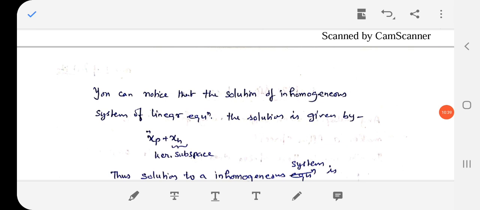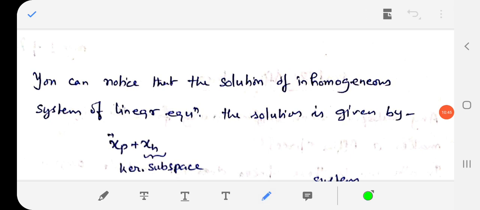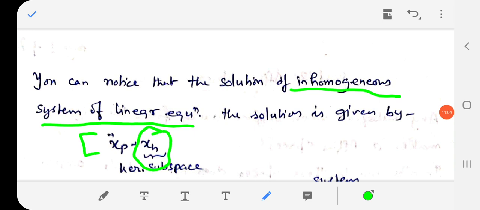Now you might remember that the same case was there when we solved an inhomogeneous system of linear equations. We said all possible solutions can be given by the particular solution plus the homogeneous solution. The homogeneous solution is a subspace because it comes from the null space or the kernel space, that is, by solving Ax equals 0.